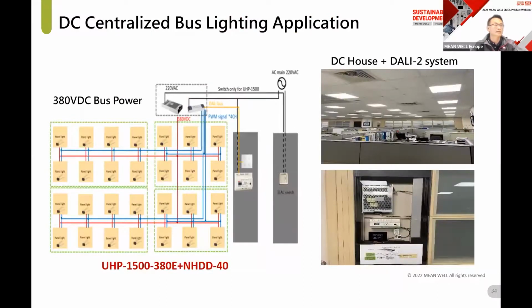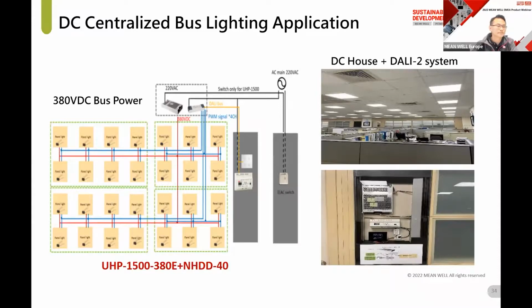And this one is the demo example in the Taiwan office. The office lighting is powered by a 380 volt DC bus, and HDD takes power from the DC bus to light the luminaires. In this setup, the configuration includes a DLC02 and a DAP04 to achieve dimming.